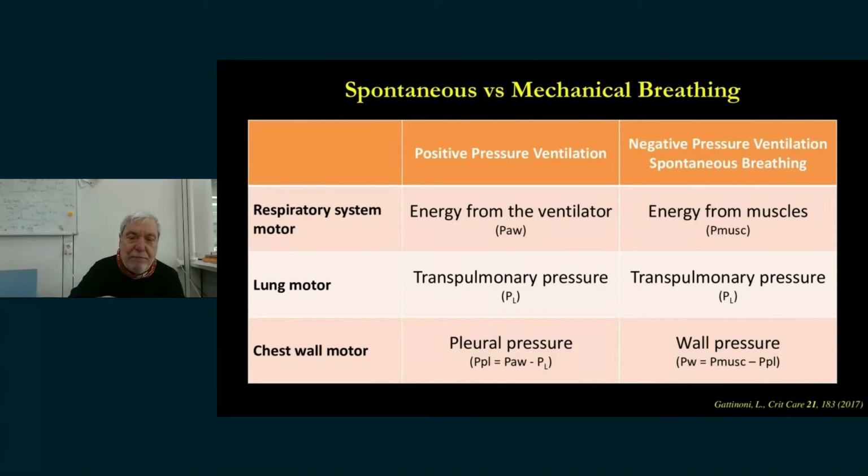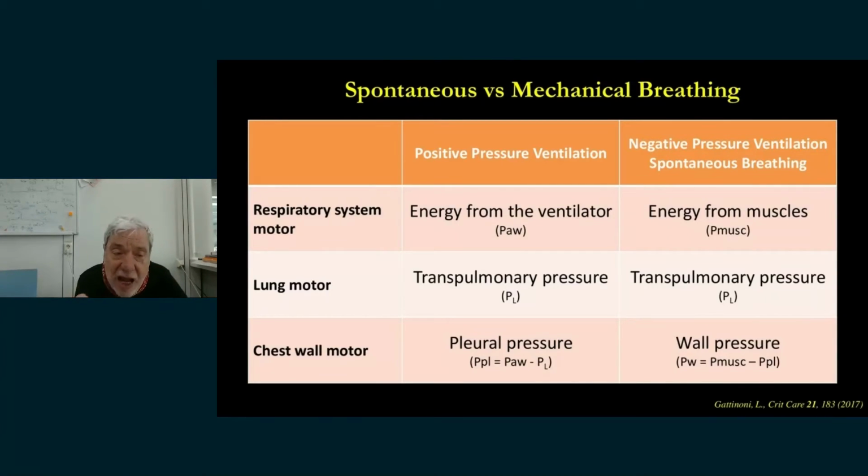Let's say the patient is paralyzed, with big sedation, unconscious, etc. So all the energy comes from the electrical energy that I pay for. When I have spontaneous breathing, I generate negative pressure in my pleural space, and my total energy comes from the muscles, which is the P muscle.